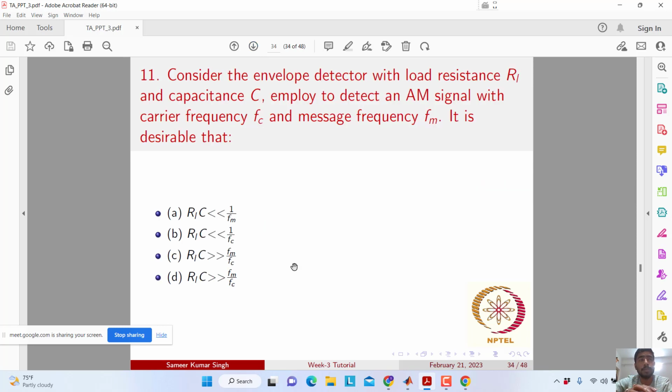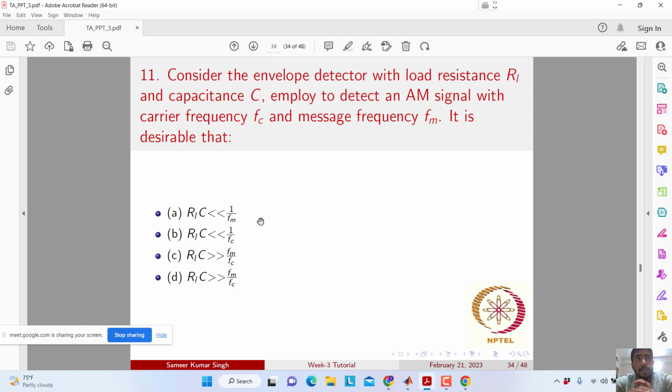So next question is on your screen. Question number 11 is a theoretical question. Already we solved question number 1 or 2 that based on the same concept. Question is, consider the envelope detector with the load resistance RL and capacitance C employed to detect an AM signal with a carrier frequency FC and a message frequency FM. It's desirable that, again we have to calculate a time constant, that is RLC.